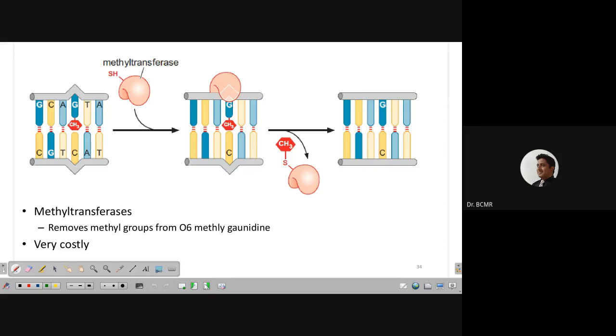There is one more direct reversal, which uses methyltransferase. Some of the bases could get methylated, like here, where guanine is methylated. That is a problem because it will complicate things. We know of the methylation of many bases.